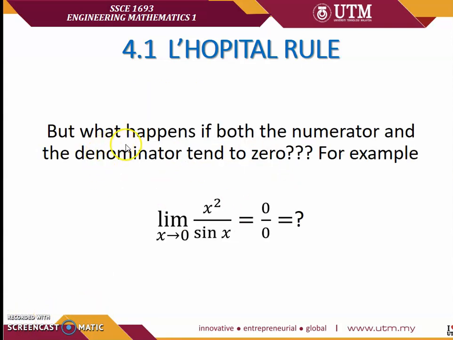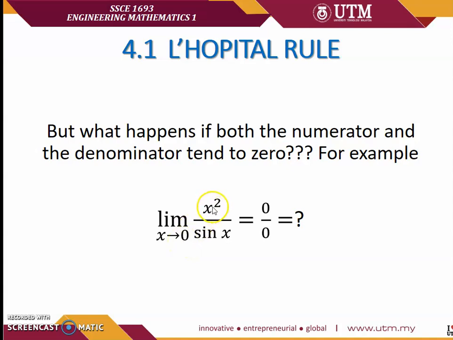But what happens if both the numerator and denominator tend to 0? For example, let's say our limit is x tends to 0, so our a is 0. We have the function f(x), which is x squared, and g(x) is sine x. We basically just substitute our a here.